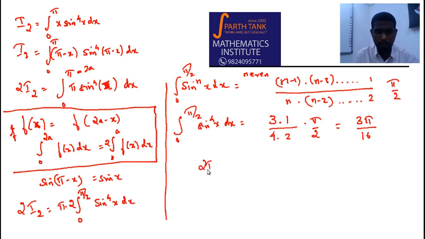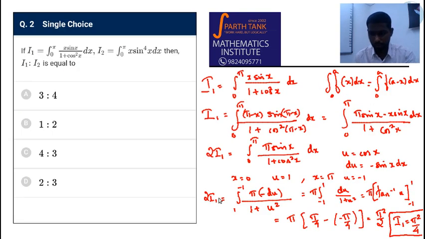So we have 2I2 is 2 pi into 3 pi upon 16, which will give us 2 and 2 are gone, or I2 is 3 pi squared upon 16. Now we need the ratio I1 is to I2.